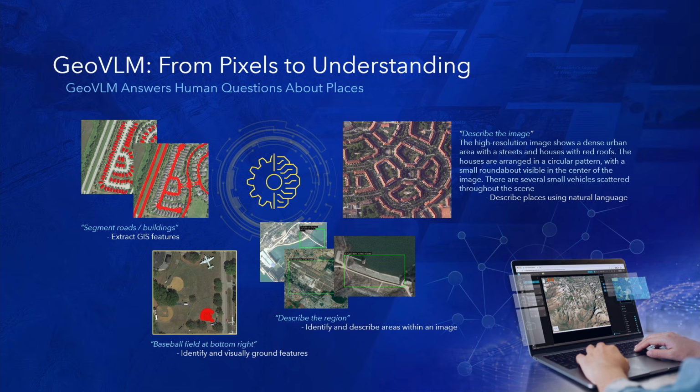It's really a multimodal LLM that knows about imagery and can perform various tasks, such as segmenting roads or buildings or other features, just using prompts, or describing what it sees within an image or region or answering questions about imagery. To see these powerful capabilities of the upcoming Geospatial Vision-Language Model, let me hand it back to Shivani.